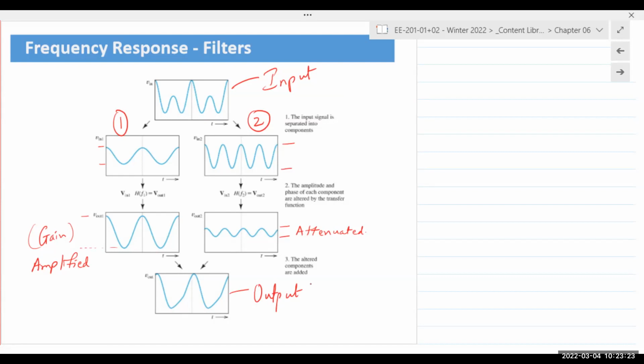Okay, it's gone. So again, as I said, it's a simplistic explanation for how a filter would work. Basically, a filter circuit will affect different components differently depending on the design of that circuit.